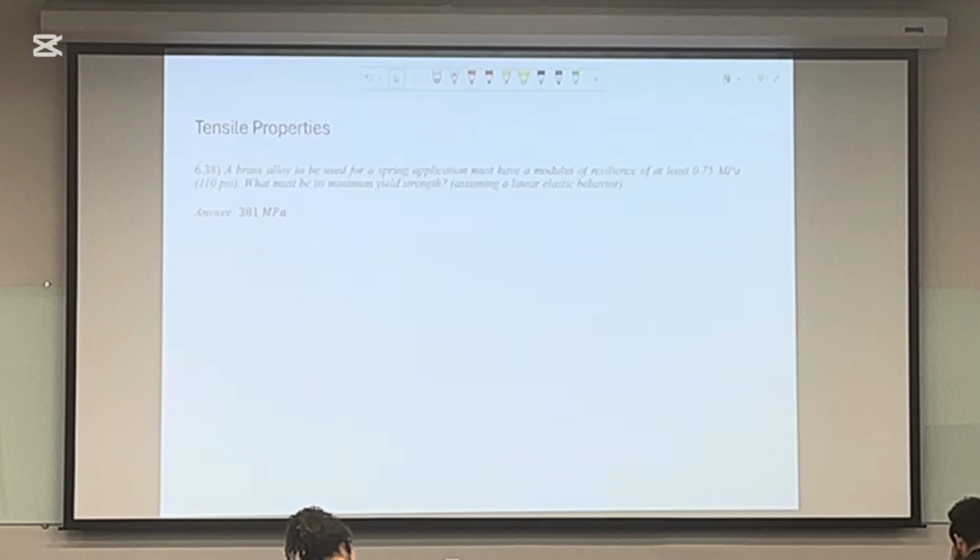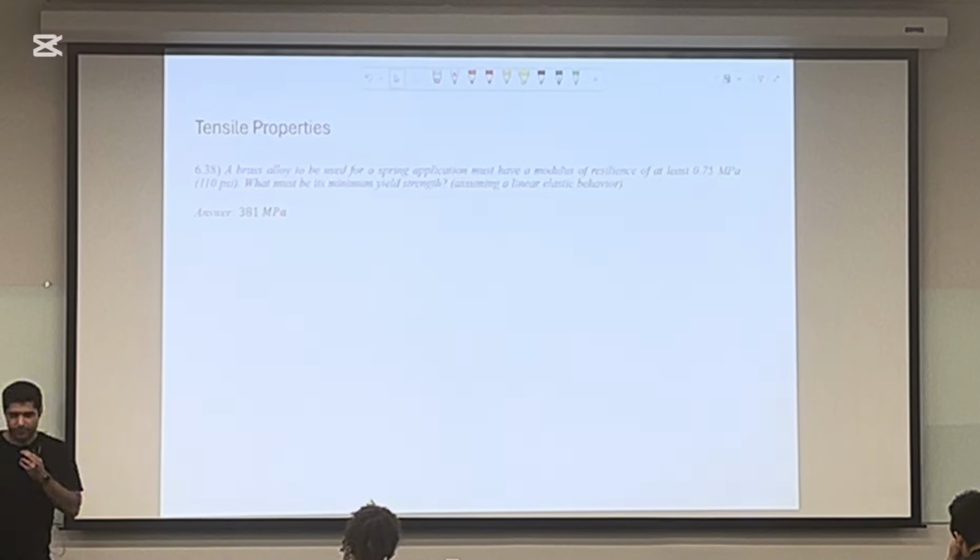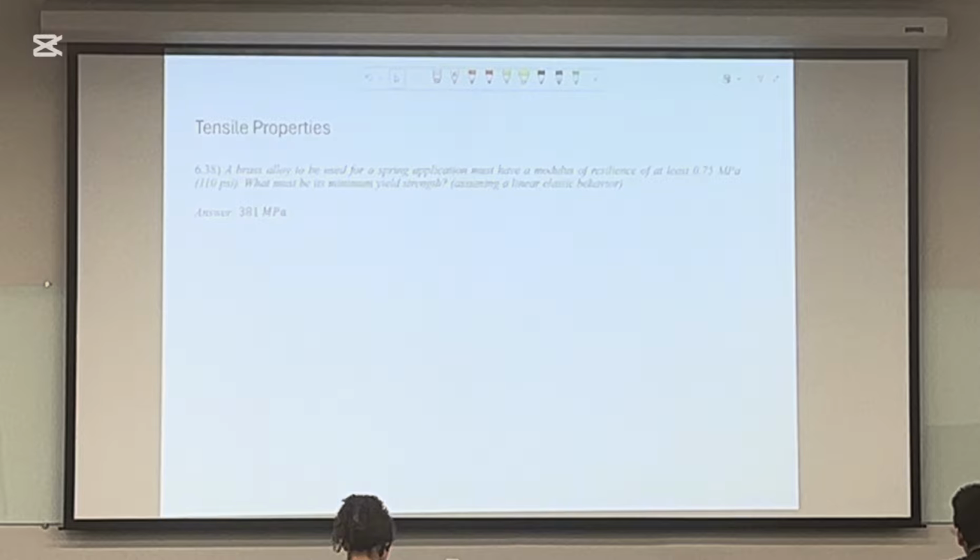Okay, did you get it? Yeah. So the modulus of resilience, which we showed with Ur in the elastic region, if we have a linear elastic material, is equal to this, we can write it down like this.